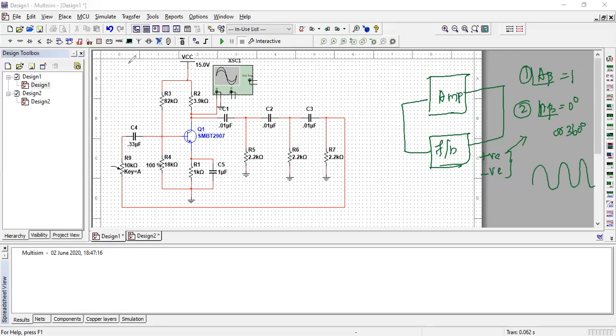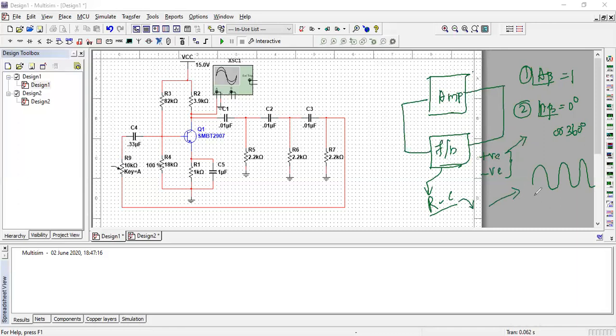Okay, so in detail we will see the circuit. First we'll see the RC phase shift oscillator circuit. So why are we naming it an RC phase shift oscillator? Because the feedback network is based on an RC combination. The feedback network is responsible for the frequency.